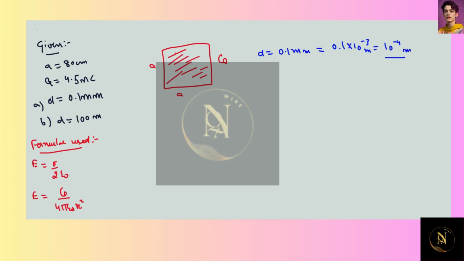This is very small. If we draw this, this is my sheet having side a with Q charge uniformly distributed. My sigma, the surface charge density, would be Q over the area of this sheet, which is a square.